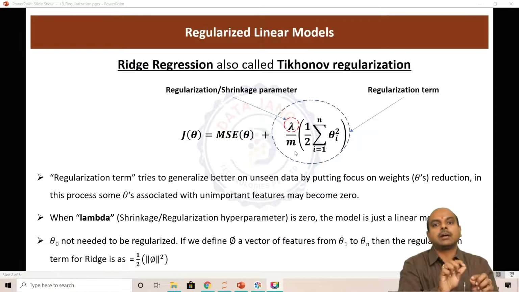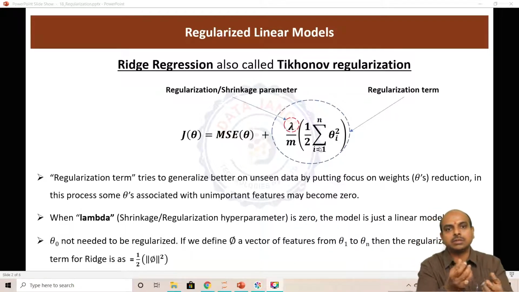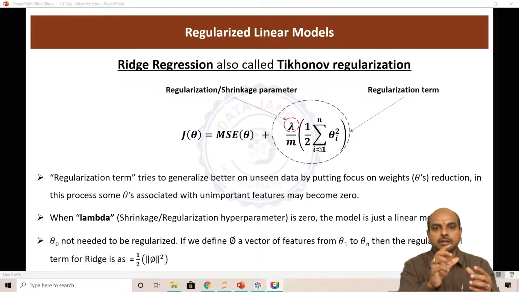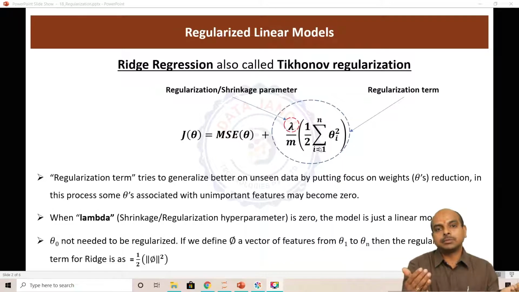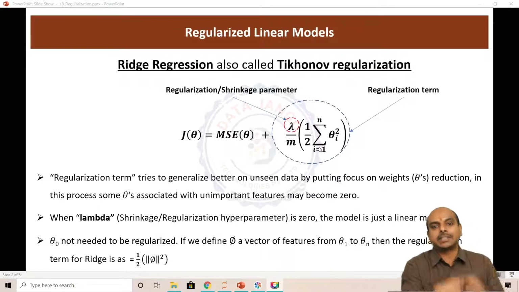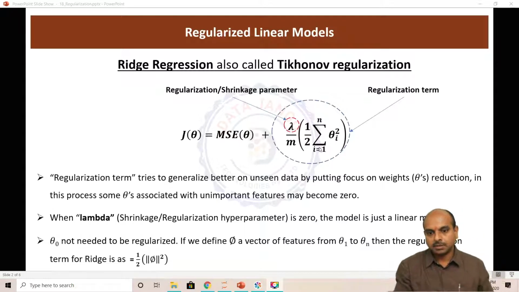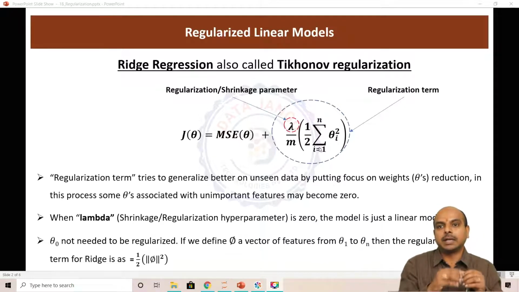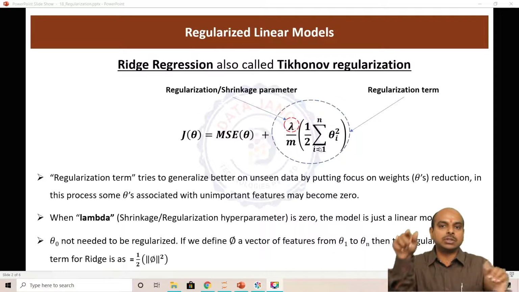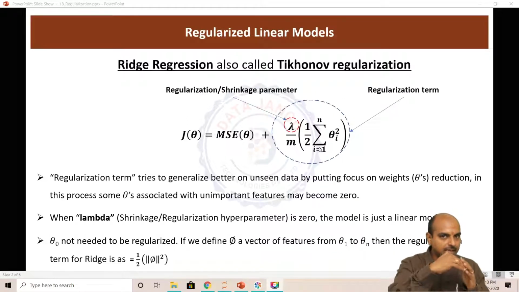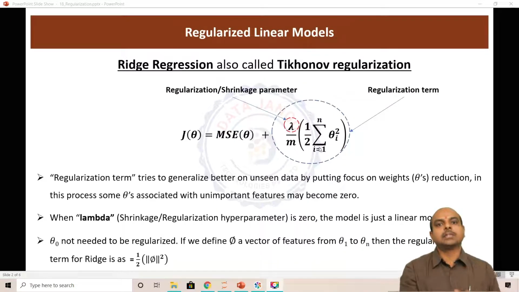The coefficients of the x's are theta, so when thetas reduce, the importance of those features will reduce and the curve becomes smoother. When the curve becomes smoother, there is a possibility that it fits well on the train set as well as the test set. The model is not working well on the test set because it overfitted and ignored generalization. When you make the curve a little smoother, it actually works well. That's the analogy behind how it works.